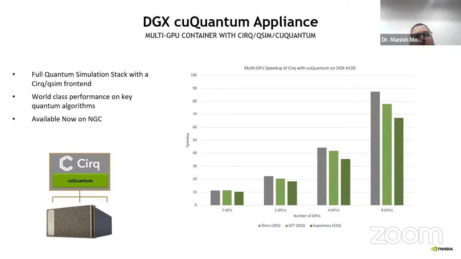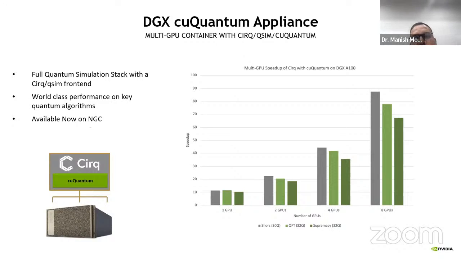So, a full quantum simulation stack with the Cirq and qsim front end, and then we get significant performance gain. On the right side chart, it shows for three algorithms how the speed up looks: Shor's algorithm, QFT, the Fourier transform, and supremacy. For all three algorithms we are showing the speed up.